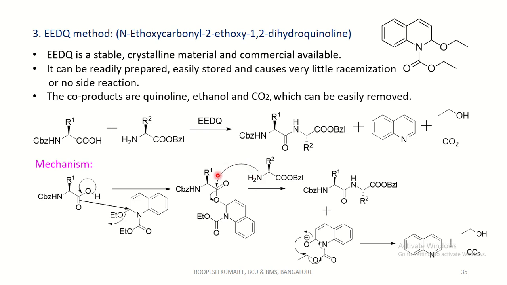The lone pair of nitrogen comes and attacks the carbonyl carbon with the shift of this bond to form an anion, and we get a peptide bond in good yields. With the formation of this, the intermediate rearranges to form quinoline, ethanol plus carbon dioxide. This can be easily eliminated using simple wash procedures.